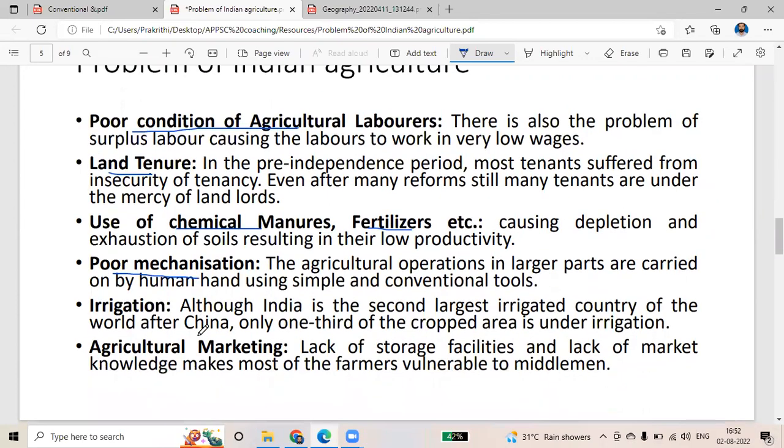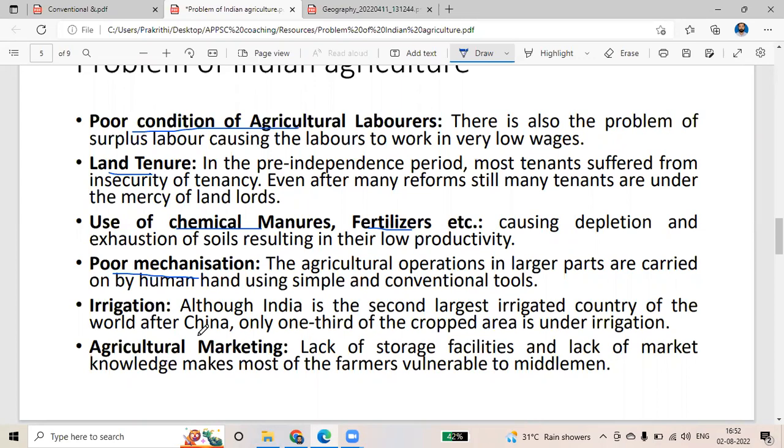Then irrigation. India is the second largest irrigated country after China. But still, as I said, 63% of the crop area is rainfed region, purely depending upon monsoon. The remaining area, almost 30 to 37%, is depending on irrigation. So irrigation, purely irrigation को depend करने से एक फायदा है, we can go for multiple cropping.